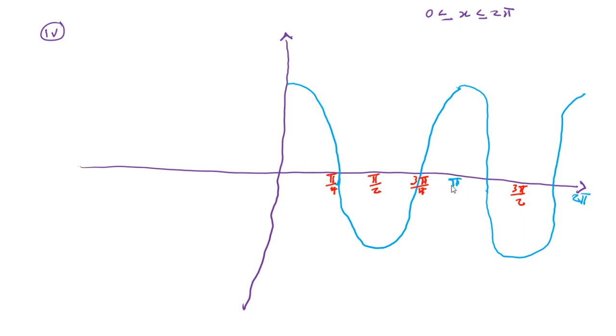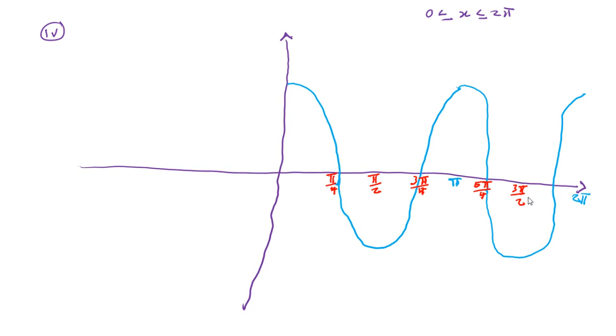Okay, then if you add pi over 4 to this one, you're going to have 5 pi over 4. So this one is 5 pi over 4 there.